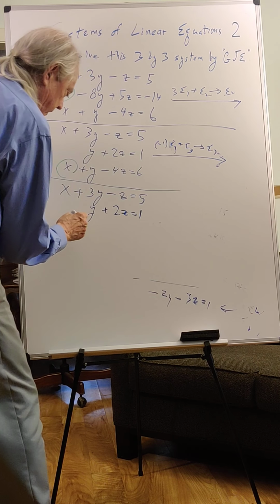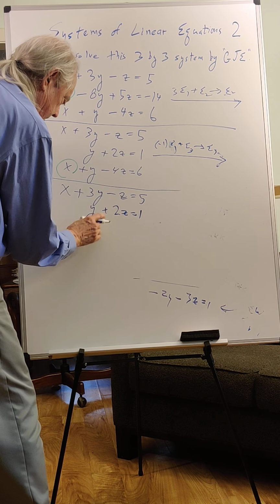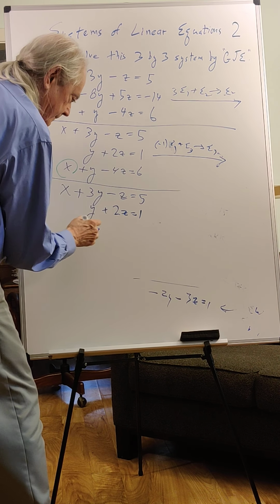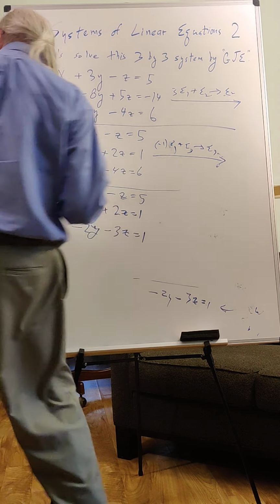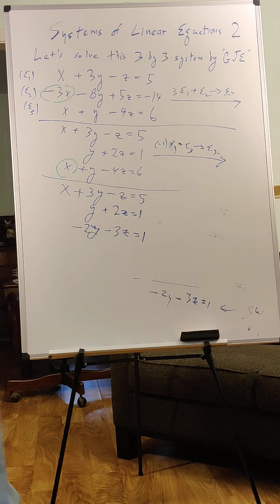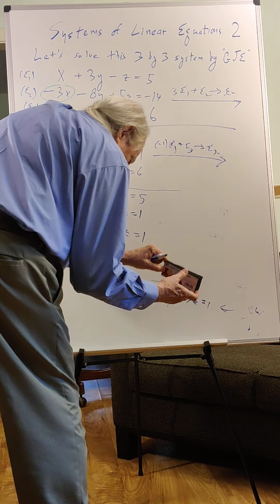So -2y minus 3z is 1. Let me just see if I'm on track here. I am. Okay.